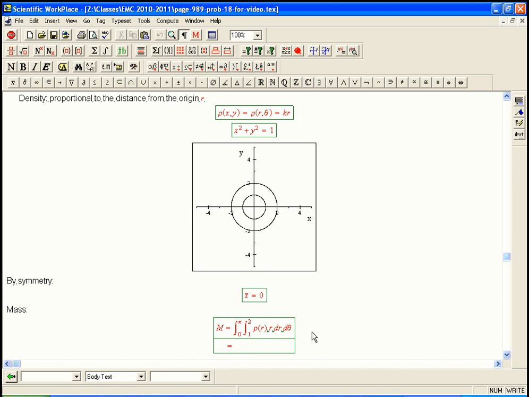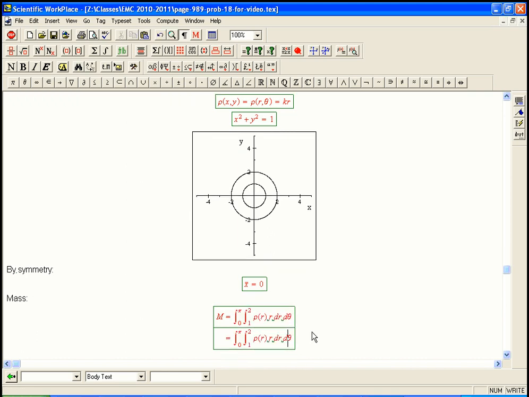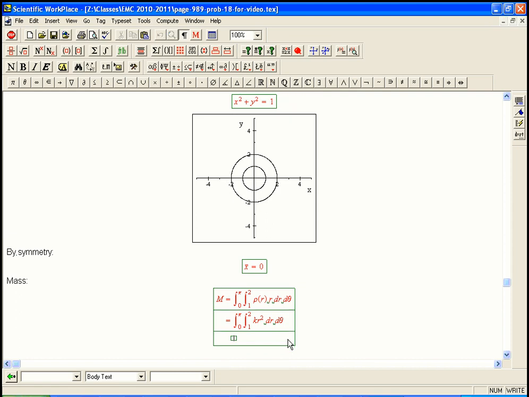Okay. So that's going to be, well, I'll just copy that. Rho of r is kr. And so that's going to be a kr squared. And now this is the kind of thing that has nothing to do with theta, and so that's just going to come out as a pi. And then a k is going to come out. And then the integral of r squared is r cubed over 3.